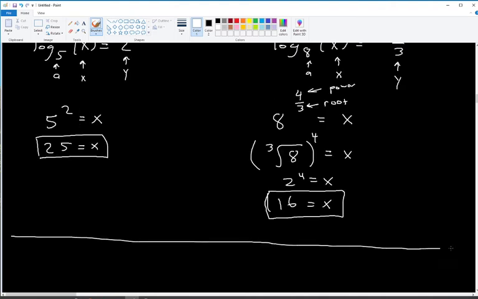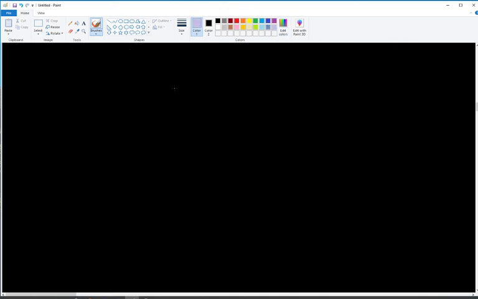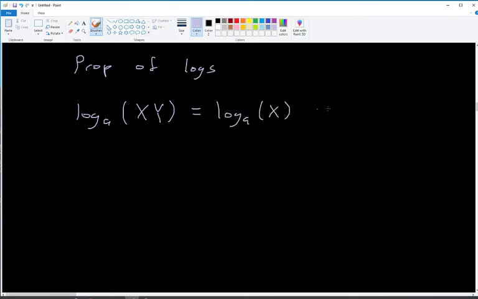The final part in this section is going to be called properties of logarithms. There are 3 properties. If we have log base a of x times y, that's log base a of x plus log base a of y.